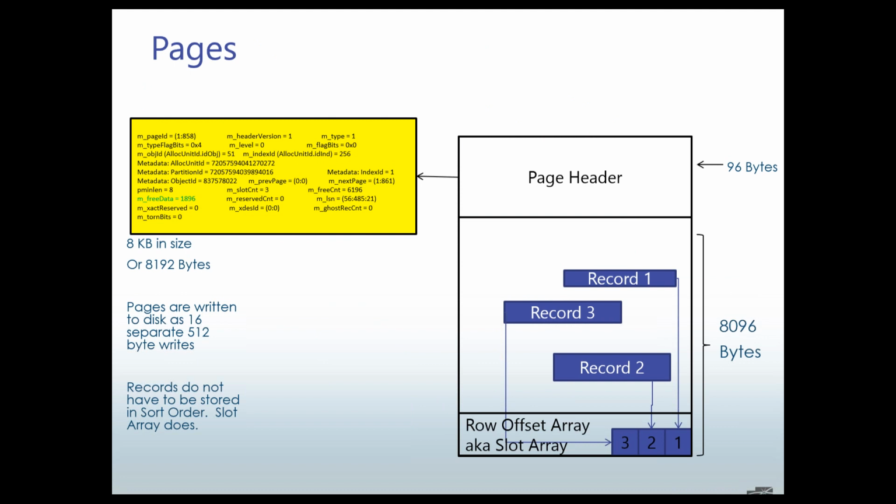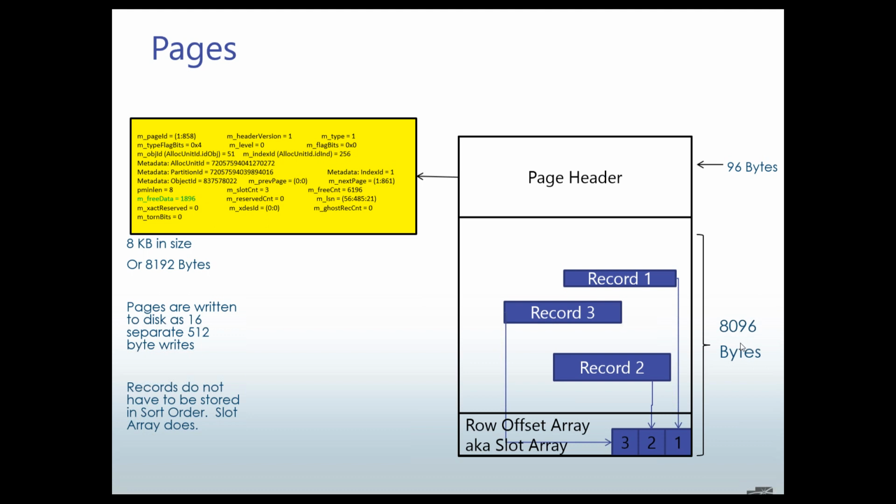As you can see, I've got a little excerpt in there in yellow. You can see, for example, one of the things I have highlighted is m_freeData. This points to the next location on a page where our next data record would get inserted. Now, this is important because later we're going to talk a little bit about latches, and you'll see how m_freeData and page metadata correspond directly to latches within SQL Server.